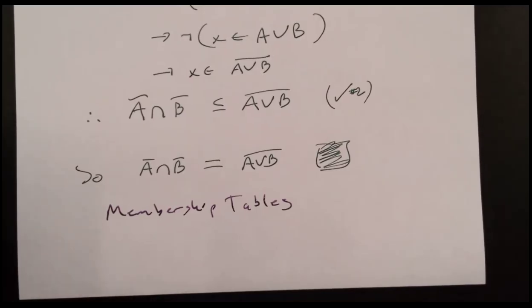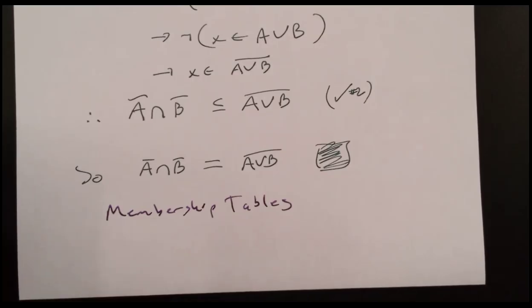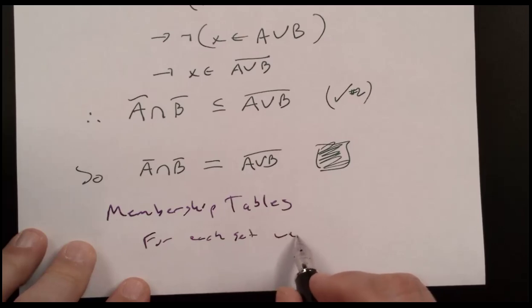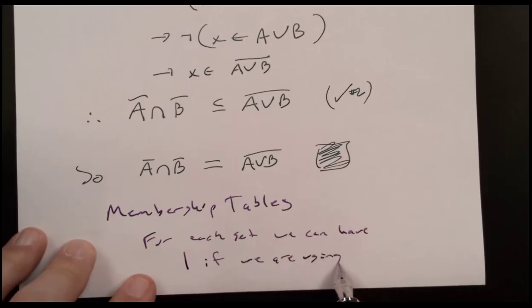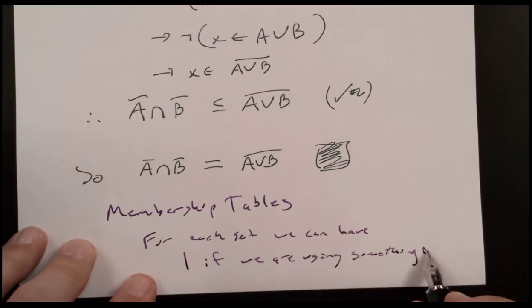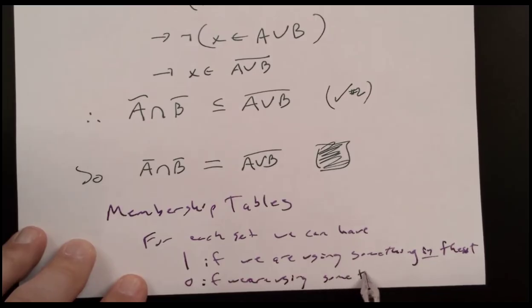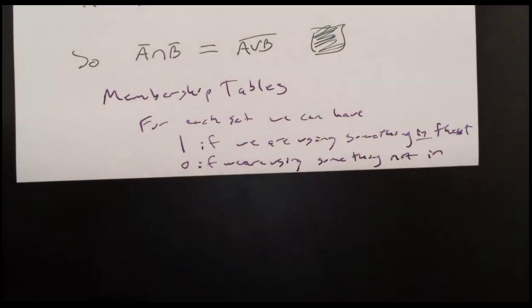The truth table version is called a membership table. For every set we've got, something is either in the set or it's not in the set, right? So I'm going to build a table with all the possible options.